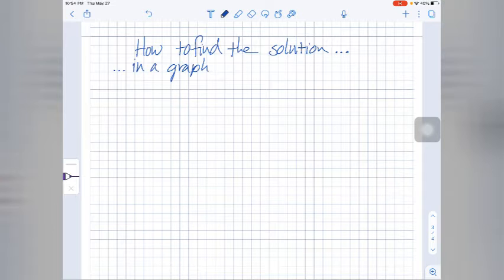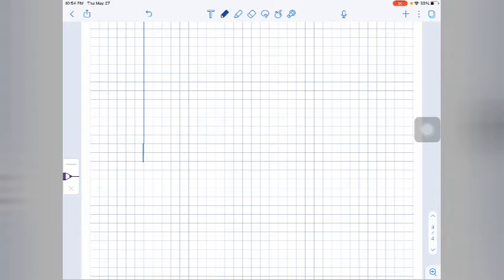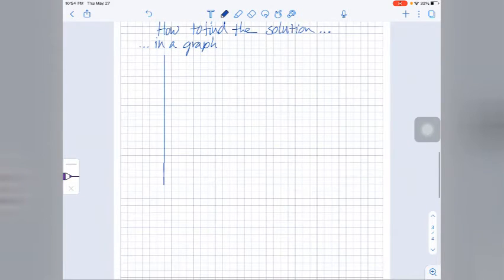So if I was to draw a graph, 1, 2, 3, 4, 5, 6, 7, 8, 9, 10, 11, 12, 13, 14, 15. Maybe I'll go down a few more, 16, 17, 18. And then go over here like this. This would be my x-axis.